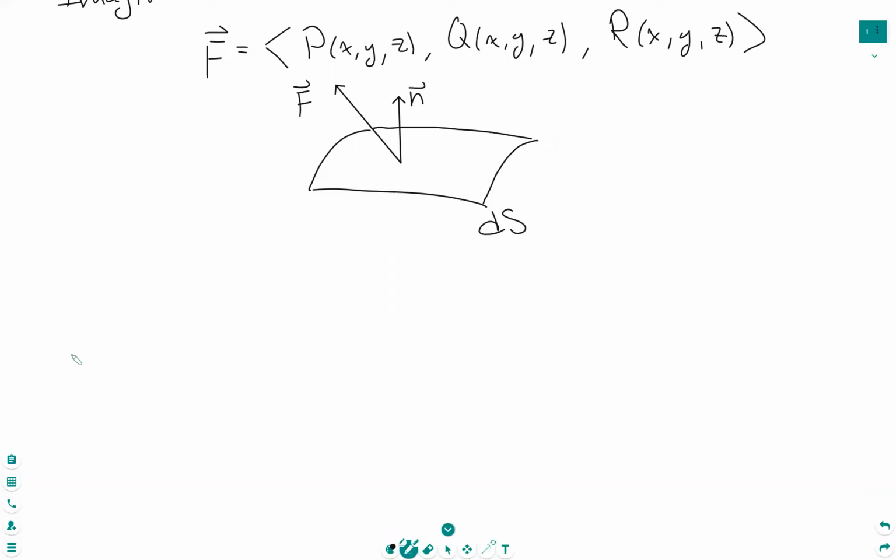So if you zoom in close enough, make your ds small enough, the amount of fluid that's going through this surface is the amount in the n direction.